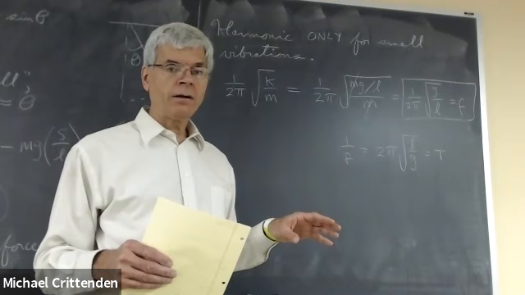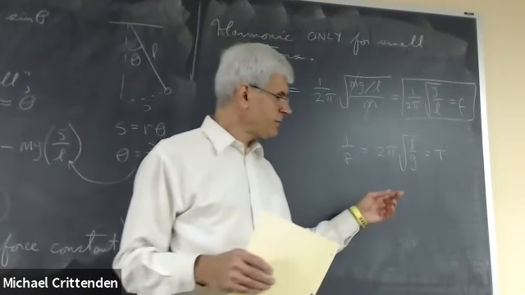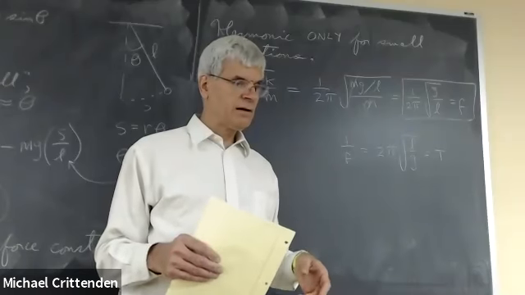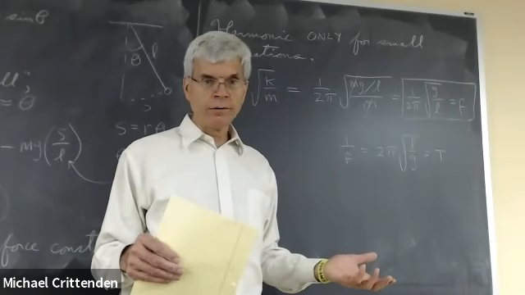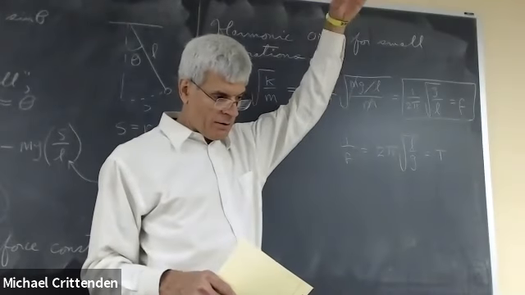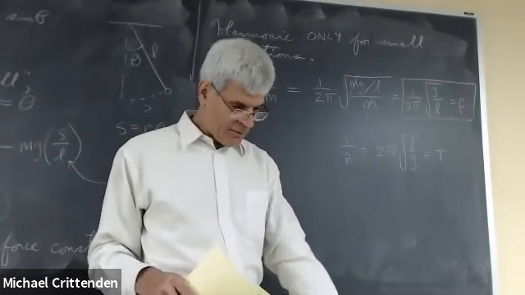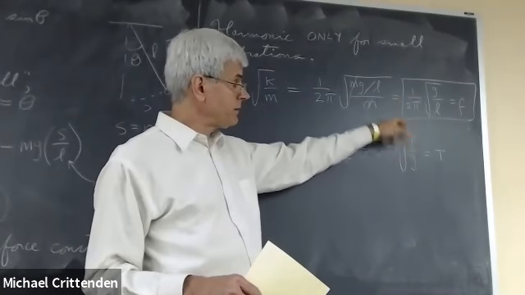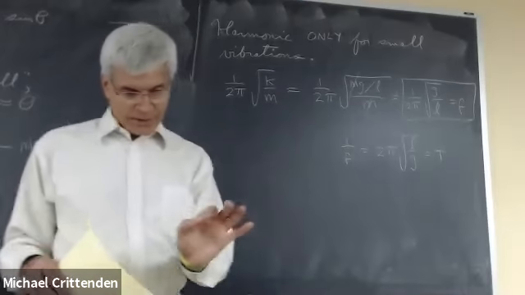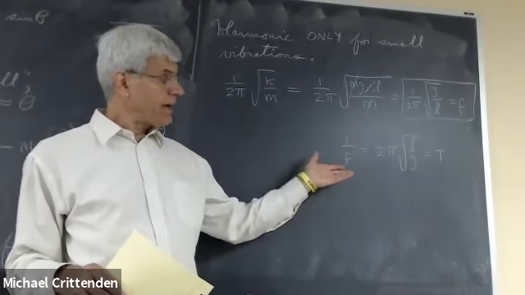But actually, all you need is to hunt around for some sort of a mass, like an old bolt or something like that. Hang it on the end of a piece of yarn, get it vibrating with a small amplitude, because none of this is valid at large amplitudes. And you just sit there and you time the period.